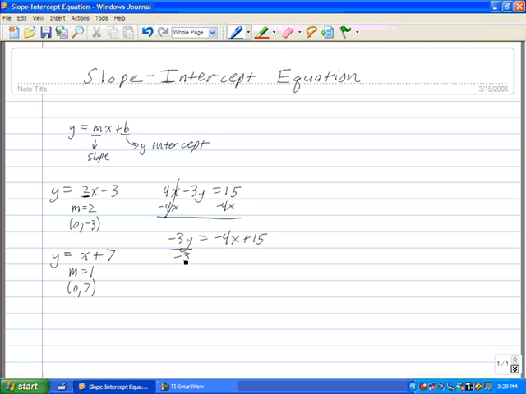We can divide off the negative 3, and we get y equaling, and you need to reduce and simplify wherever possible, even if it's nothing more than canceling out two negatives, 4/3 x minus 5.